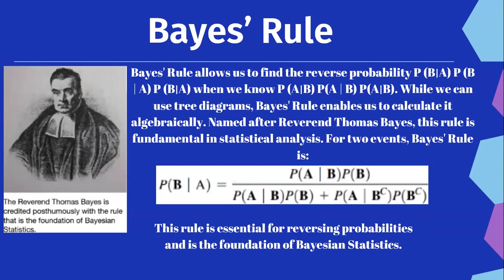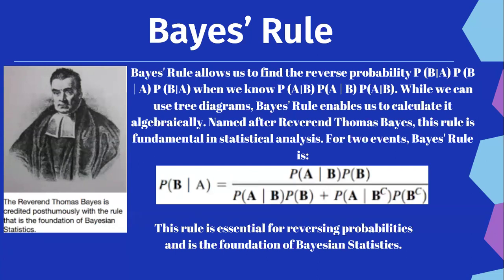Bayes' rule. Bayes' rule allows us to find the reverse probability P(B|A) when we know P(A|B). While we can use tree diagrams, Bayes' rule enables us to calculate it algebraically. Named after Reverend Thomas Bayes, this rule is fundamental in statistical analysis for two events.